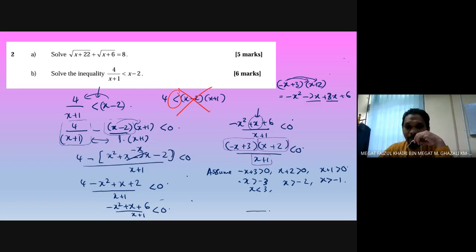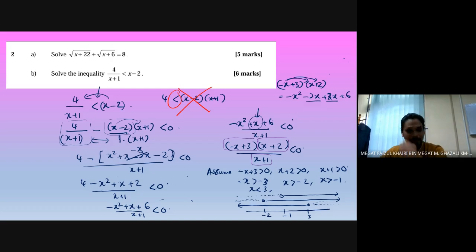So now, negative 2, negative 1, and 3. Okay, the first is x less than 3. Next is x greater than negative 2, and also greater than negative 1. So now class, we are going to decide the sign of positive and negative according to the sign here.